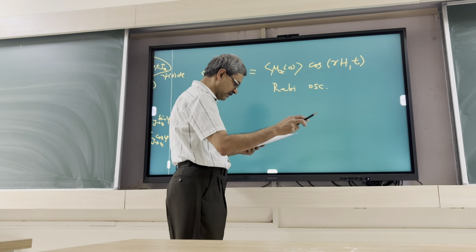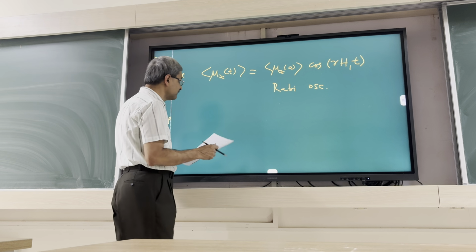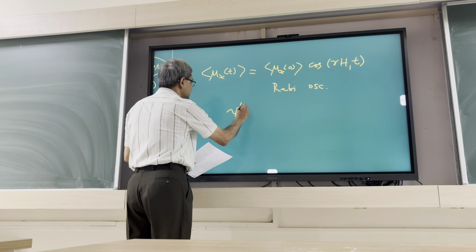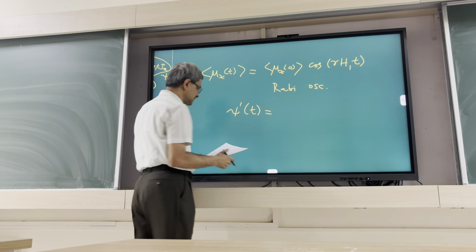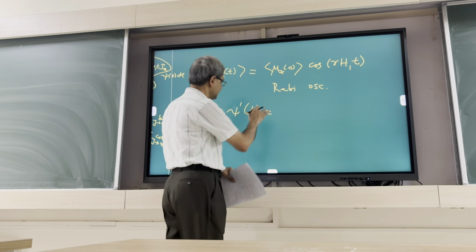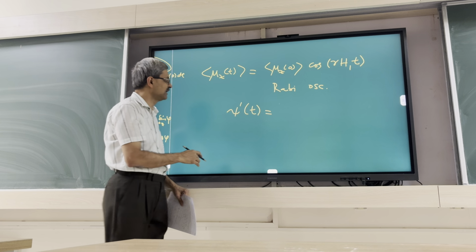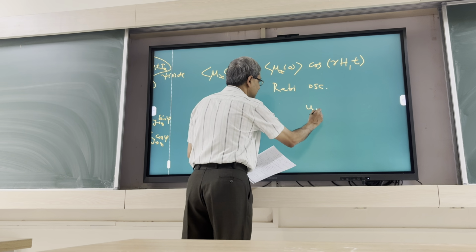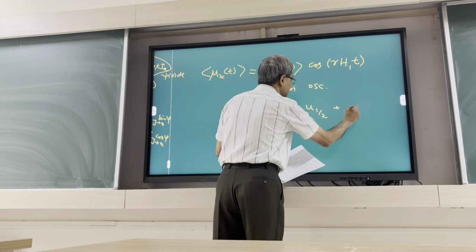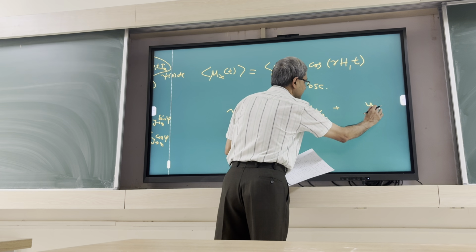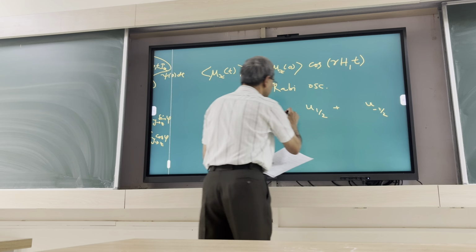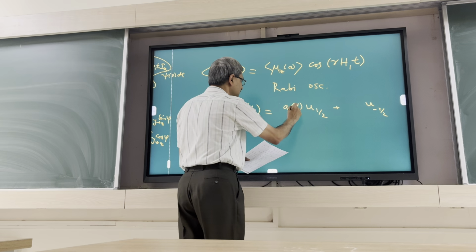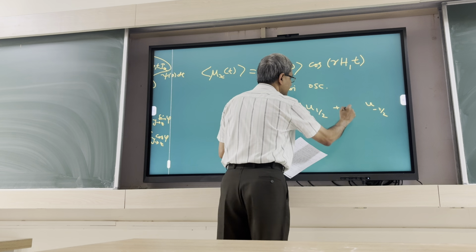Then another quick thing, because you had asked once before, there's another way to describe this: you write this wave function psi prime in a spin basis. So you have a spin half and minus half with some coefficients, and now here you put the time dependence in the coefficients.